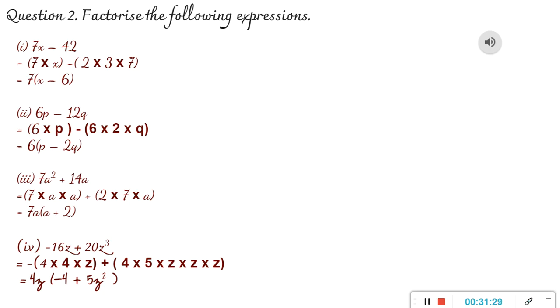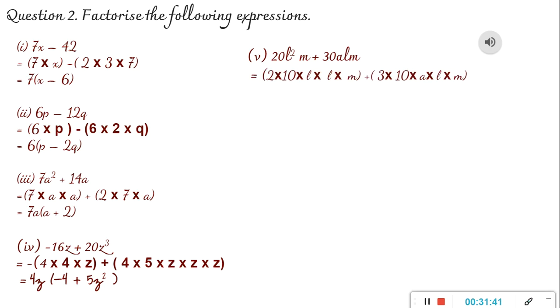Right? Now the fifth one: 20l square m plus 30alm. So 20 can be written as 2 into 10, and 10 can also be written as 2 into 5, otherwise 2 into 2 into 5 is equal to 20, into l into m. 30 can be written as 3 into 10, otherwise 3 into 2 into 5, into a into l into m.